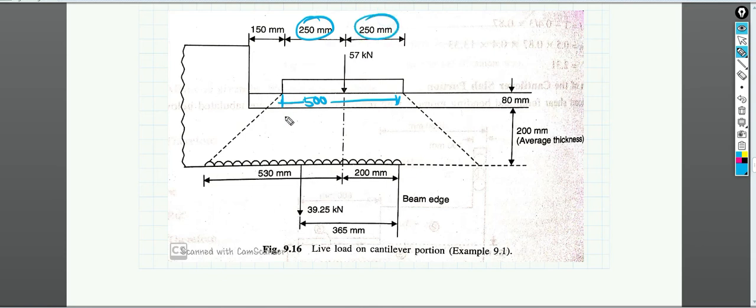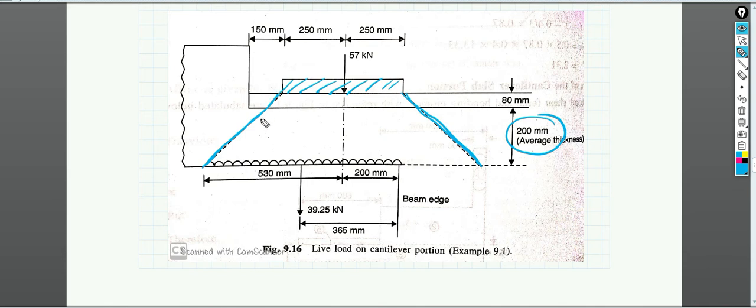Now the thing is, when there is a load acting, as we have a thickness of 200 mm, how do we do the load calculation? In that case, we distribute this loading like this. We assume that the load coming to the surface will get distributed in this triangular fashion.